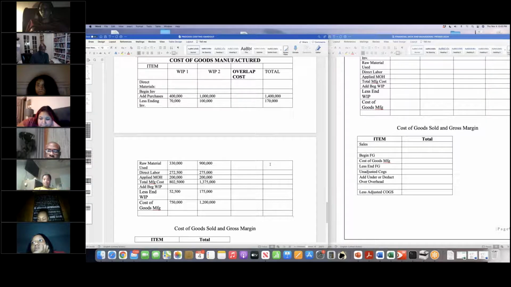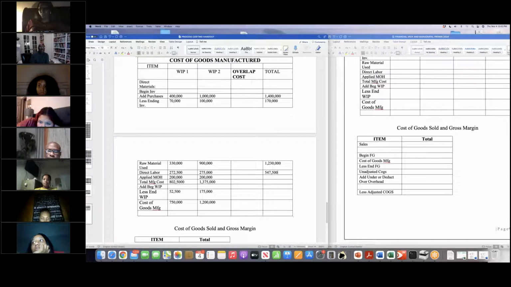Is that 1,230,000? Yes, sir. Then we add these two numbers, 270,250 and 275. How much do we get for the labor? 547,500.